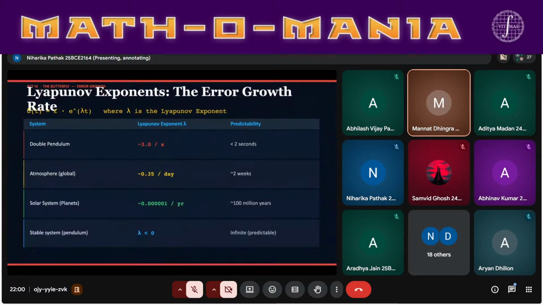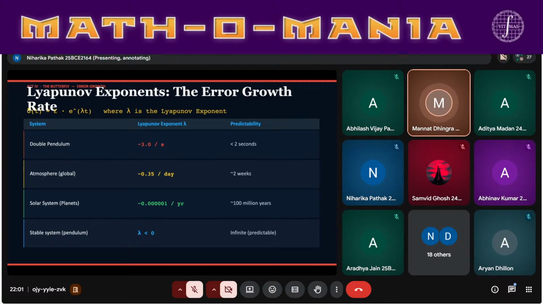Yeah, thank you. So now let's look at something new over here, which is called Lyapunov exponents, or the error growth rate. I'm sorry that the text is overlapping the equation, so I'll just tell what the equation is. It's basically delta of t is equal to epsilon times e to the power lambda t.